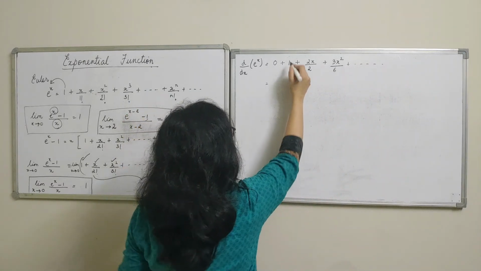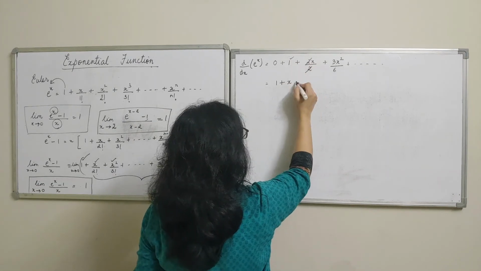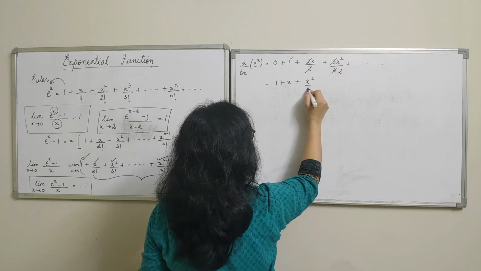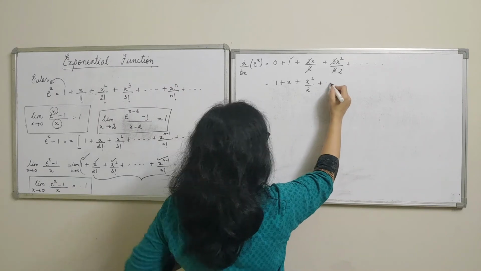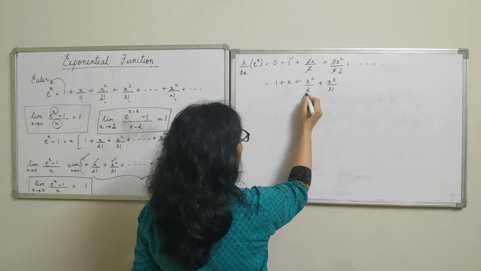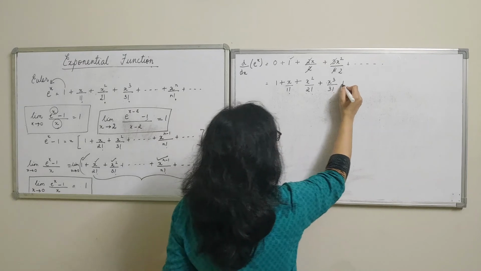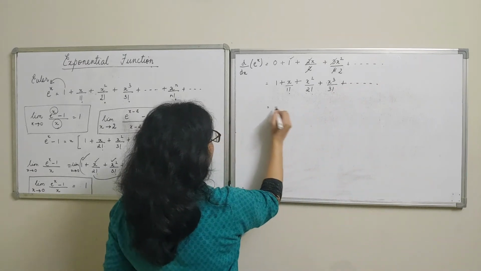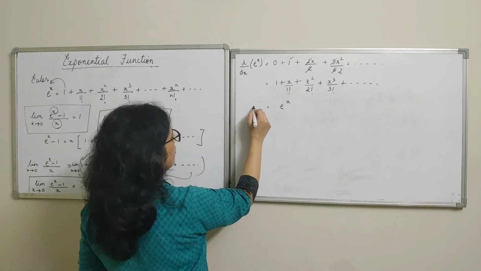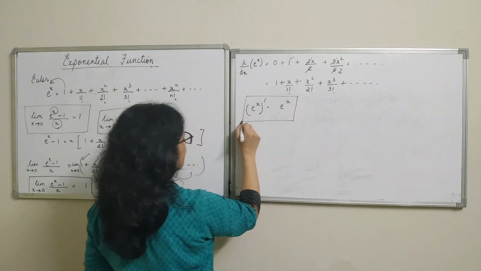So if you have a closer look here, it is 1 plus x, the 2 gets cancelled. Over here this gets cancelled, you can write it as x square upon 2, and on a similar basis we know the next term would be x cube upon 3 factorial. 2 can be written as 2 factorial, here is 1 which can be written as 1 factorial, and there are more terms. And on careful observation we note that we get back the exponential series. So the derivative of e to the power x is the function itself.